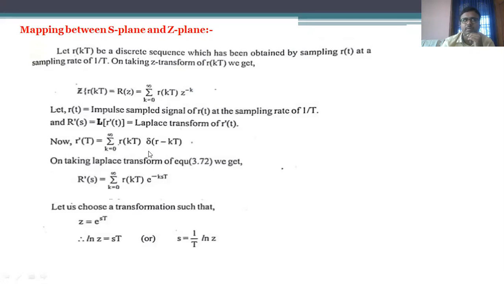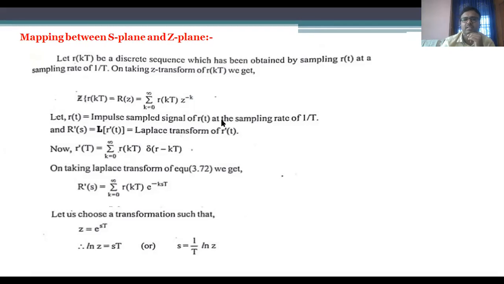The Laplace transform of this particular impulse signal is e power minus st. Here the t has been replaced with kT. Therefore, the Laplace transform of the impulse sampled signal R dash of t is R dash of s, equal to sigma k is equal to 0 to infinity R of kT into e power minus s into kT.